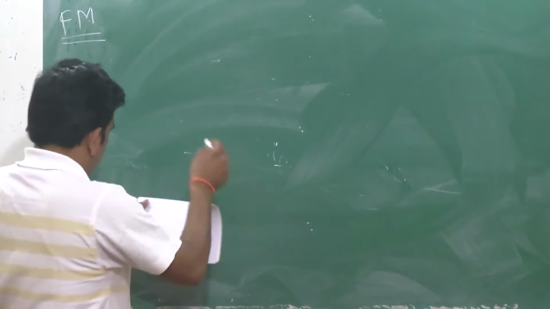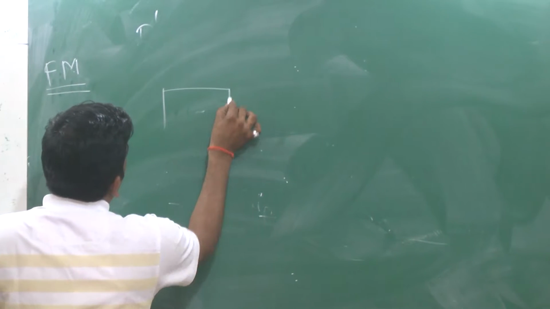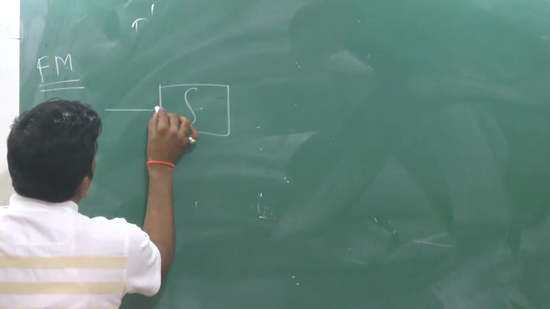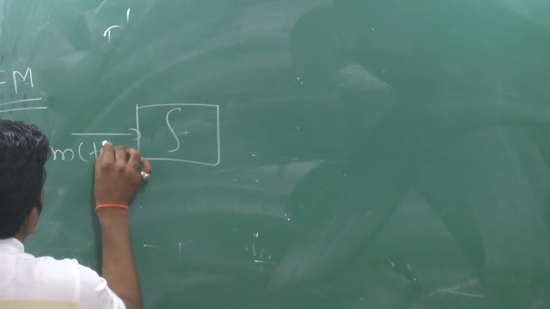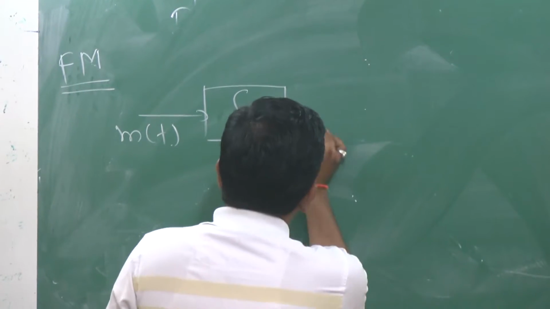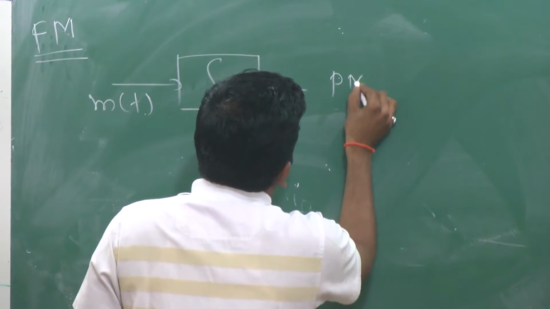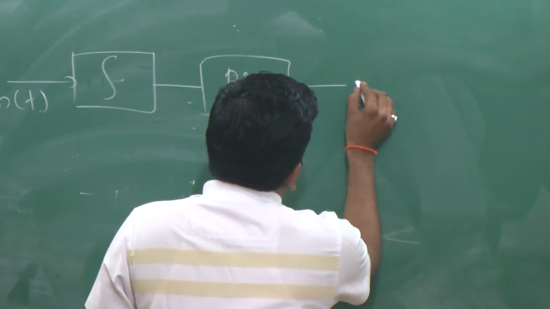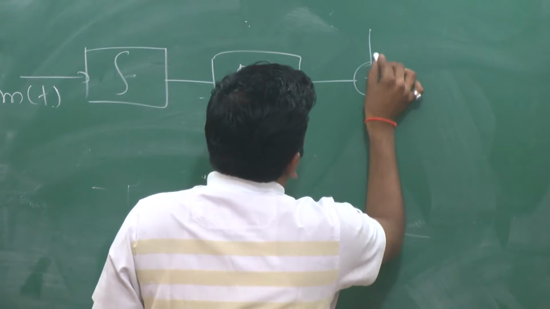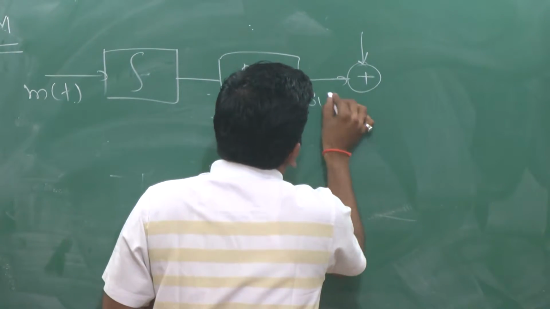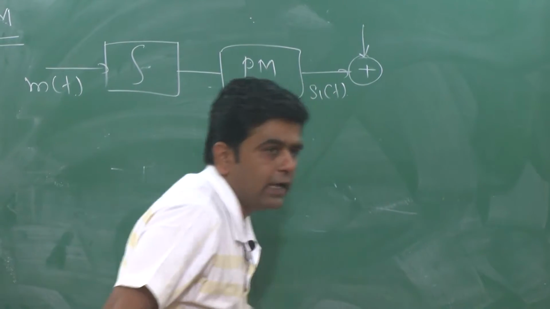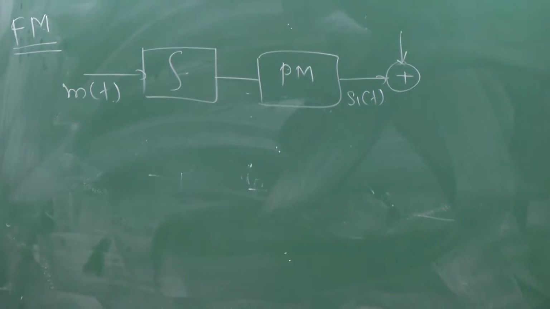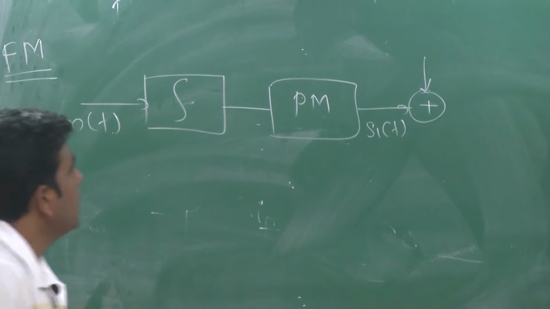Here we are using an integrator. Input to the integrator is m of t. Then we have a phase modulator. Here input is Si of t, where Si of t is the frequency modulated signal.